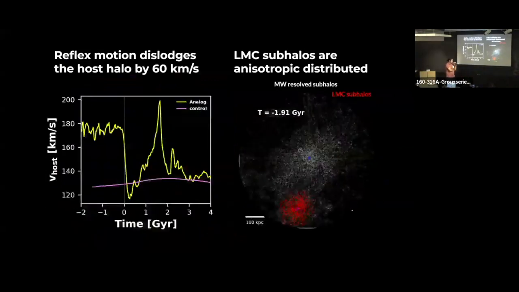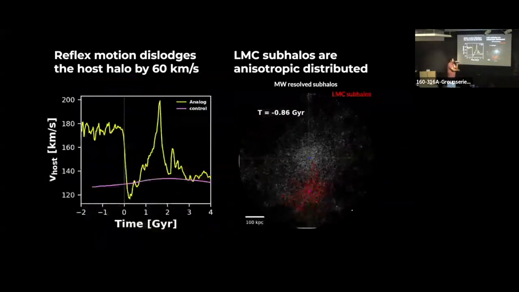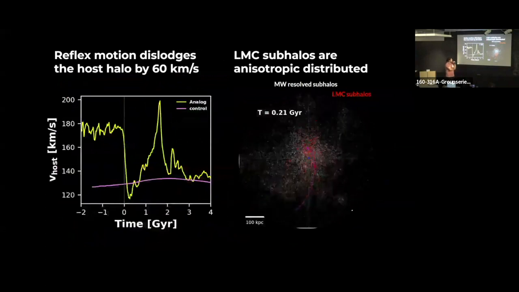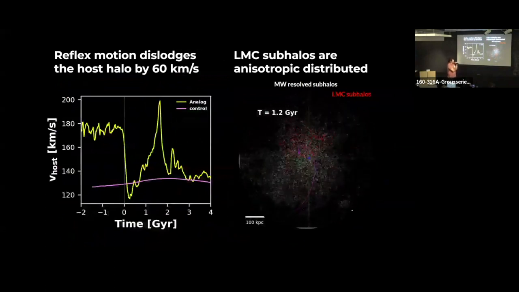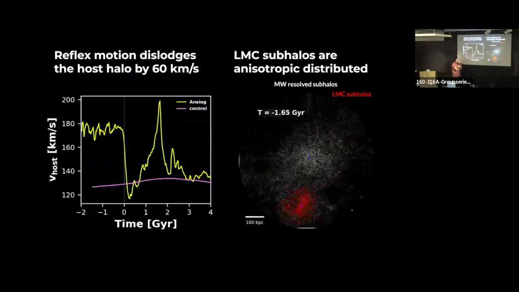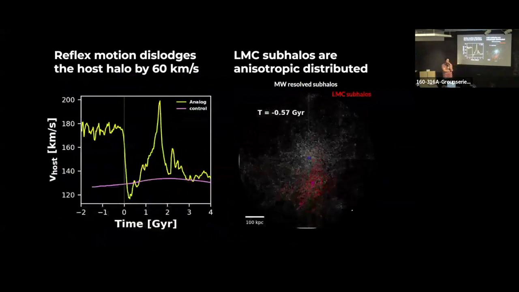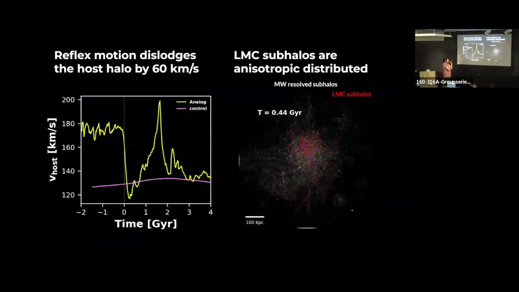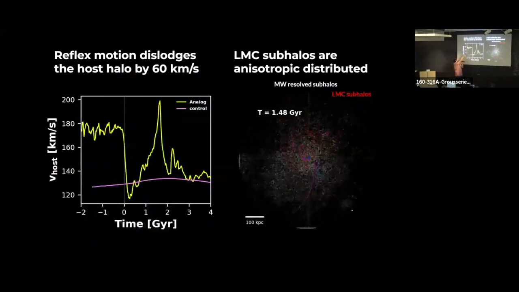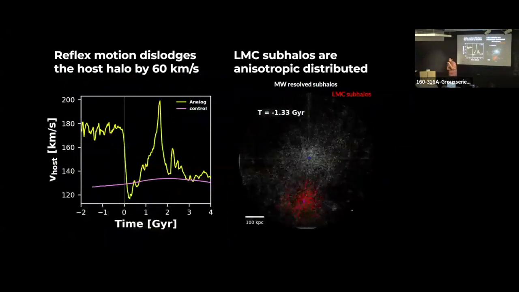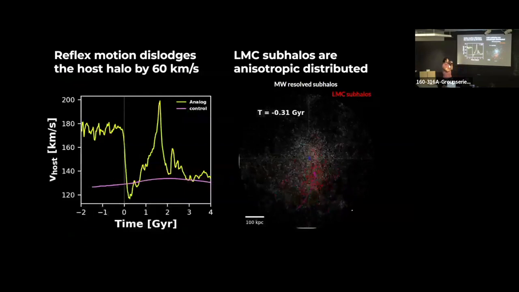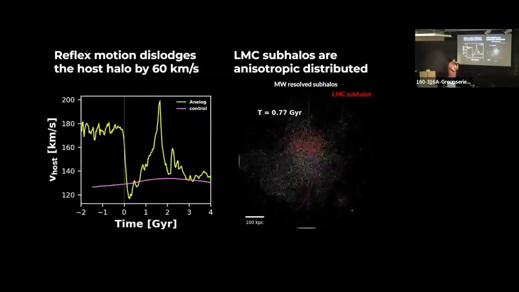The second thing to look at in this setup is the reflex motion. Our analog plots the center-of-mass velocity of the Milky Way, and we see a change of almost 60 kilometers per second, which is within what's expected from the real LMC and Milky Way system.